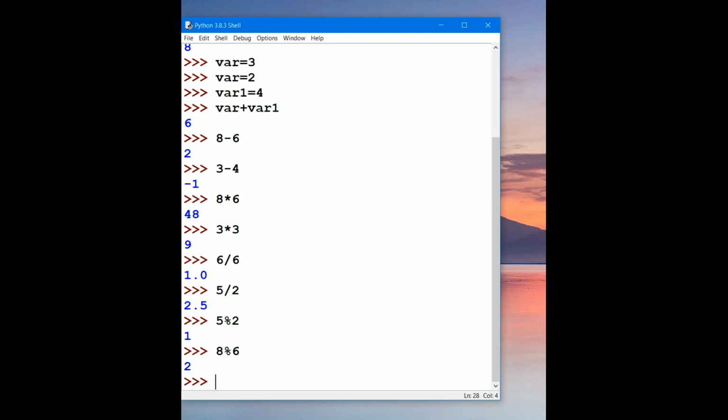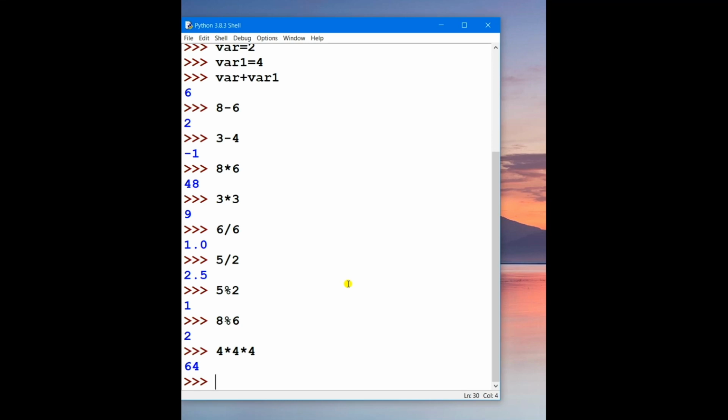After that we have the exponential, which we have not used yet. Exponential raises the first number to the power of the second number. If we try 4 multiplied by 4 multiplied by 4, we get 64.